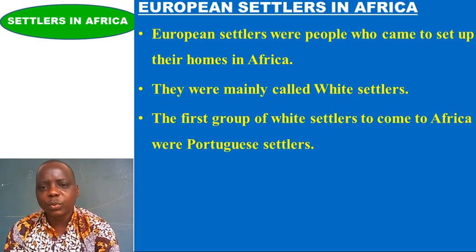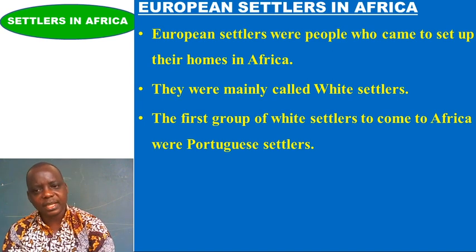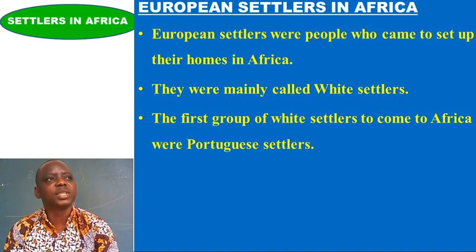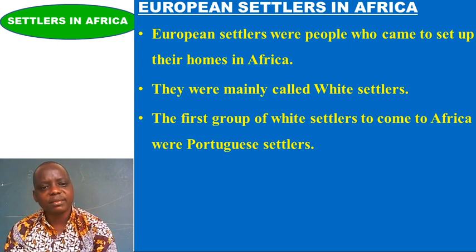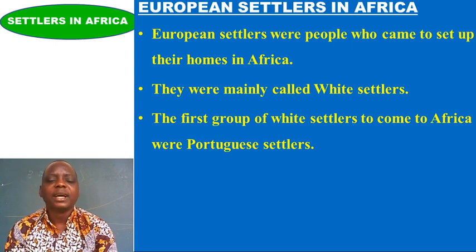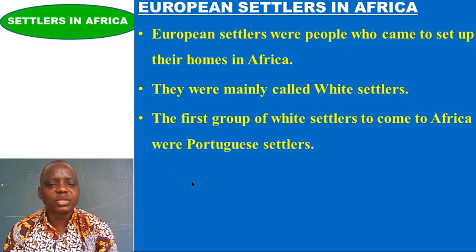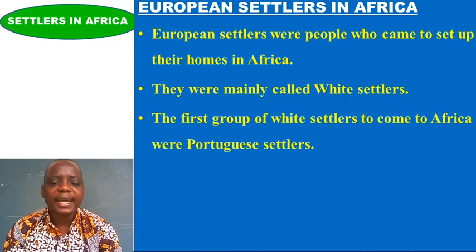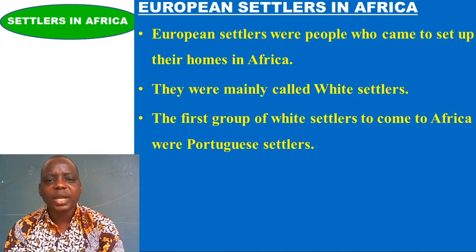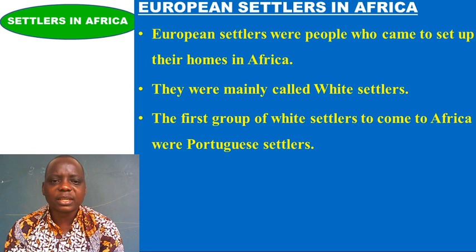Now, the first group of white settlers or European settlers to come to Africa were Portuguese settlers. So these ones came from Portugal. We also have them in East Africa. When the Portuguese came to East Africa, they lived in Kenya and then Tanzania. So these Portuguese, we are also talking about them as being the group of settlers.